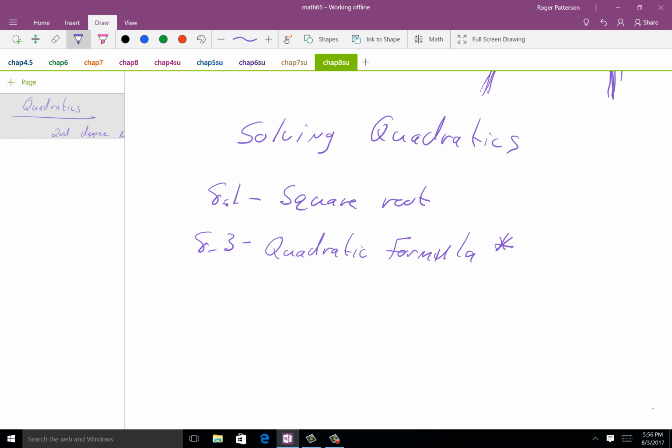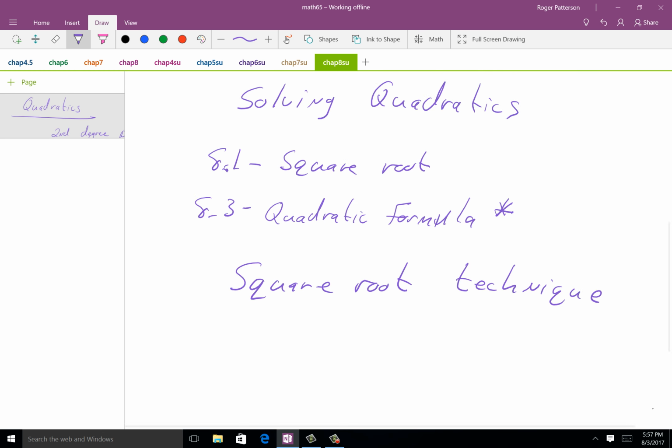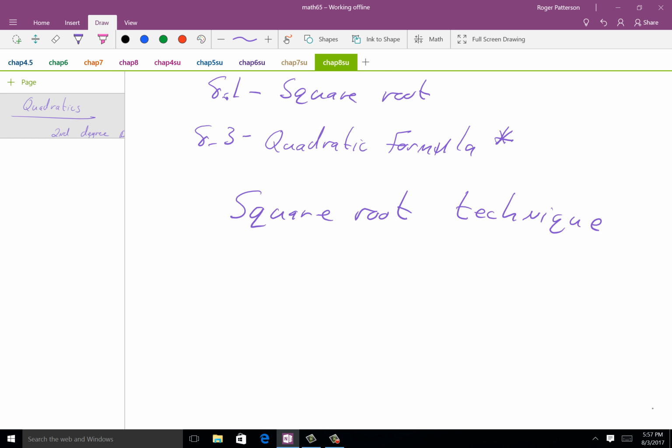All right, so let's take a look at 8.1, which is the square root technique. And this only works for certain quadratics, okay? So let's start out with a real simple, basic situation like that. From the last section when we talked about radicals and square roots, this has to be 3, because 3 squared is equal to 9.